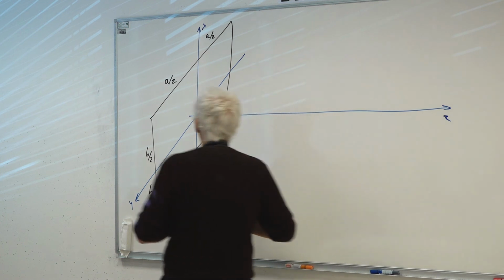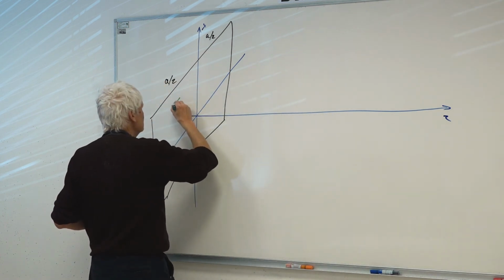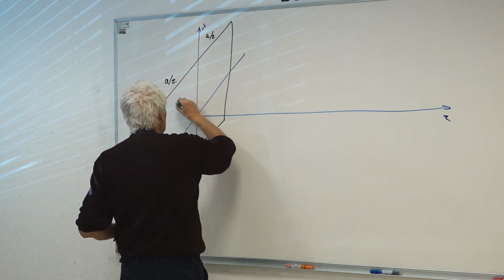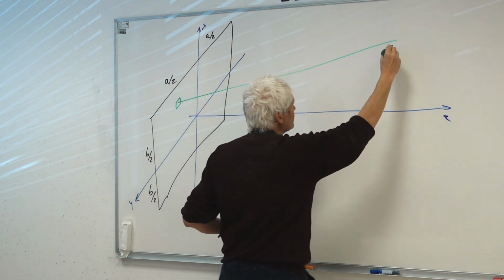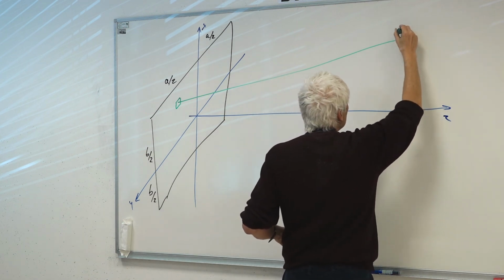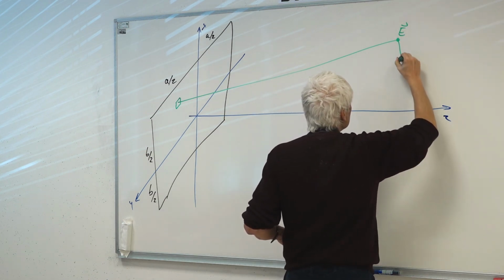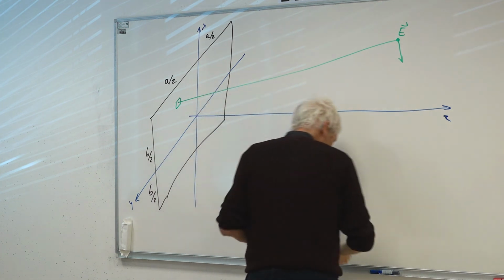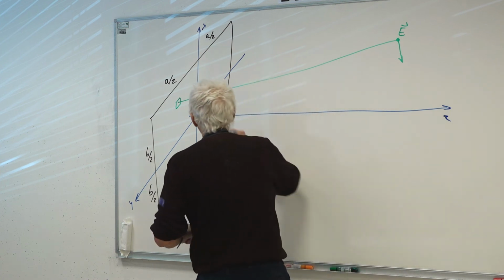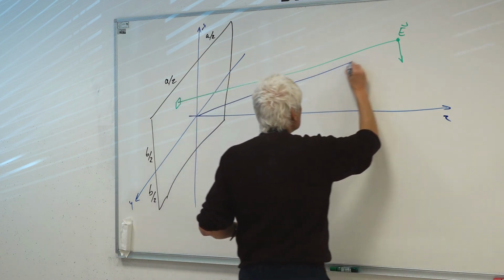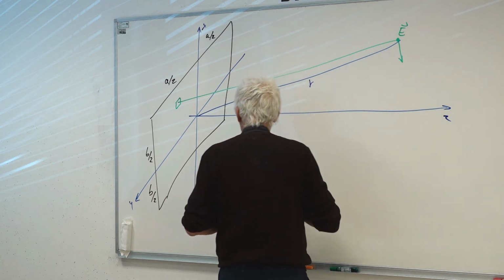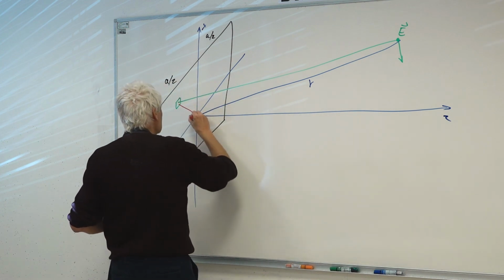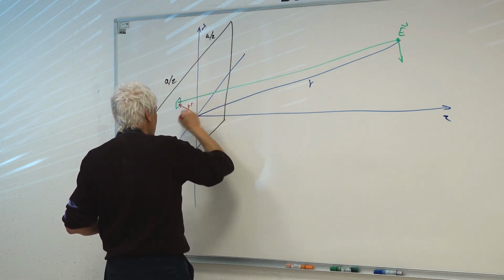I'm going to put my Huygens source here. And this Huygens source is going to generate radiation over here. So I'm going to observe the generated electric field here. If I draw the geometry, this is the distance r. The position of my Huygens source is r prime.